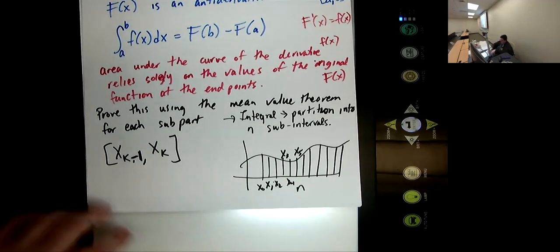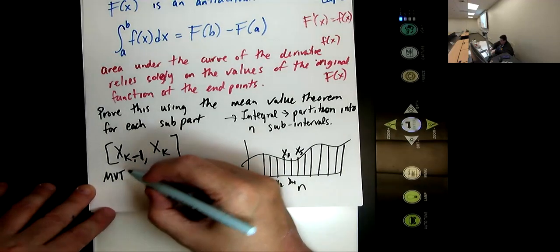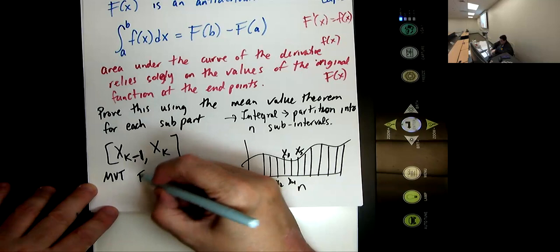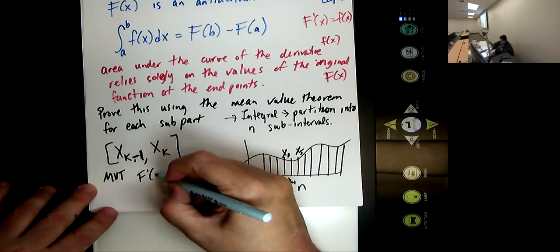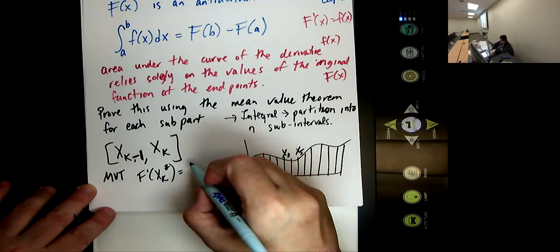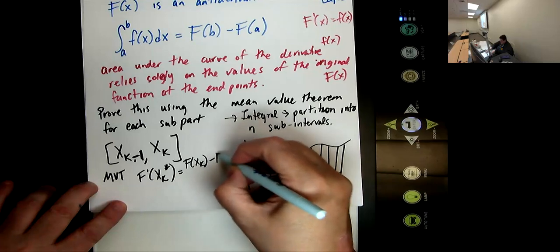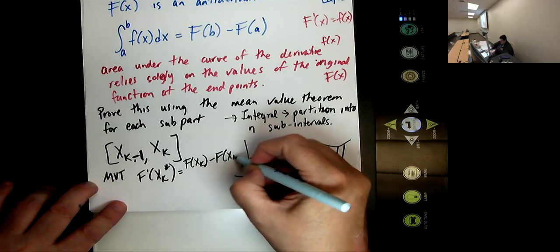The mean value theorem says, as a reminder, there is some point in the middle where f prime at that value equals the two different ones.